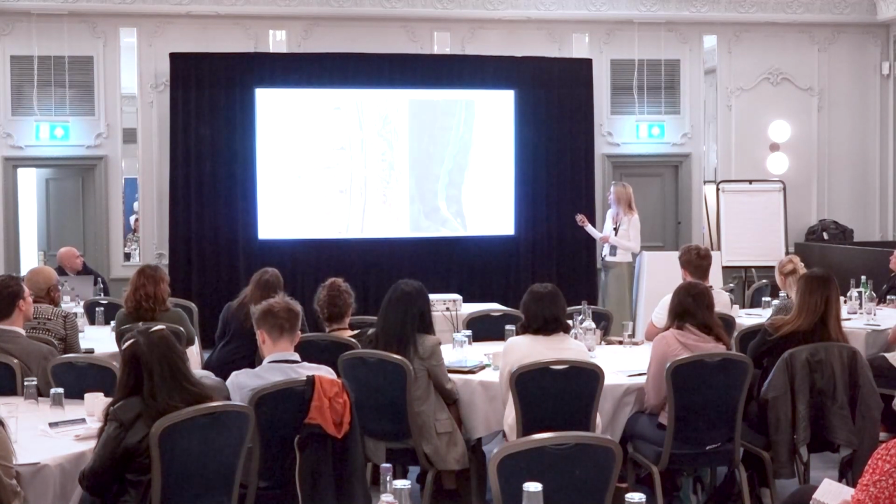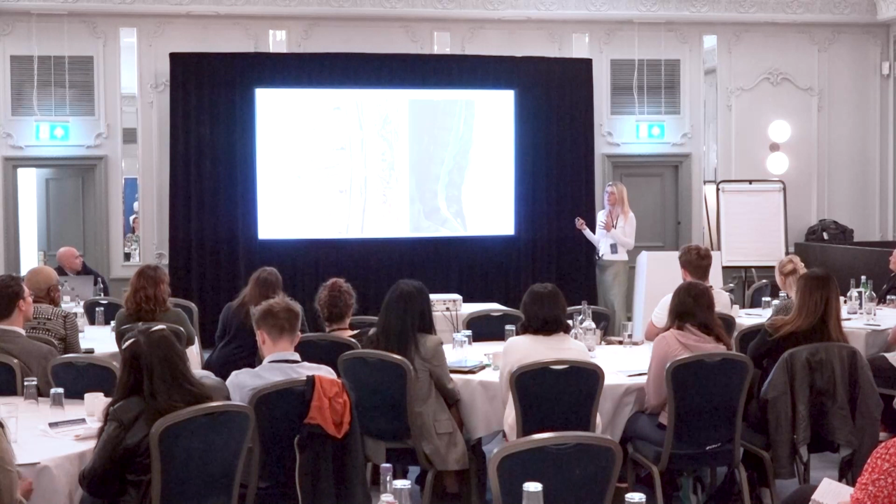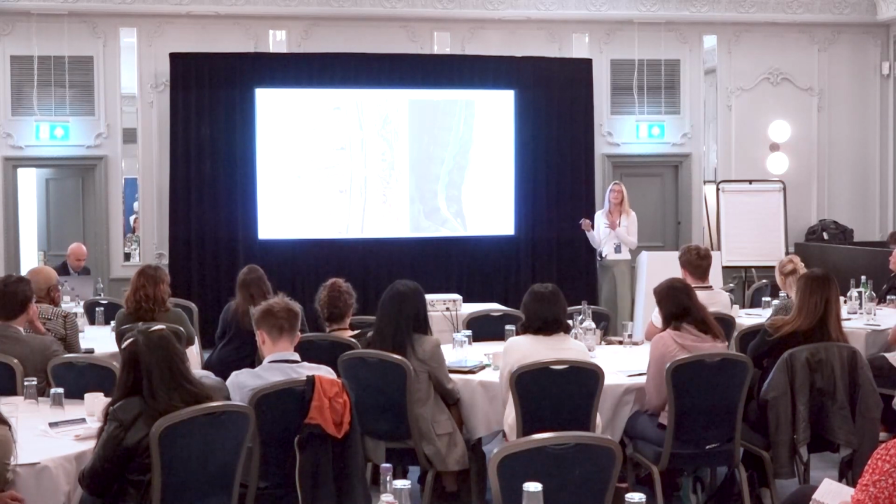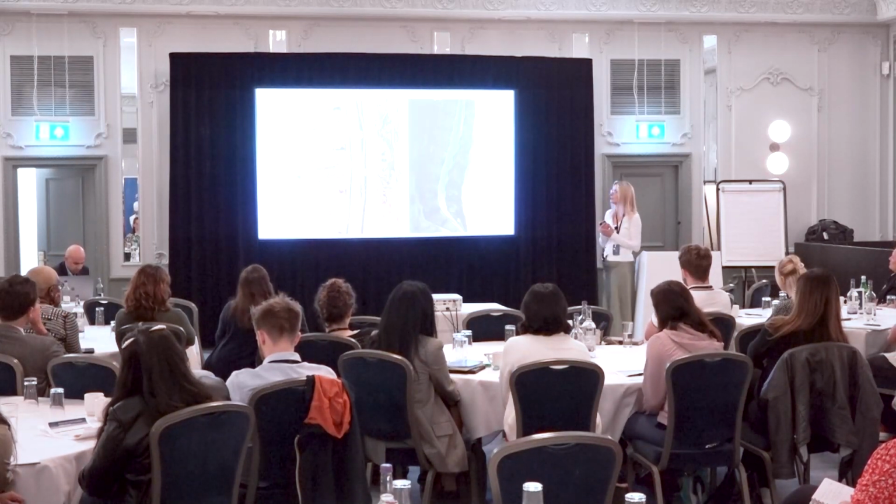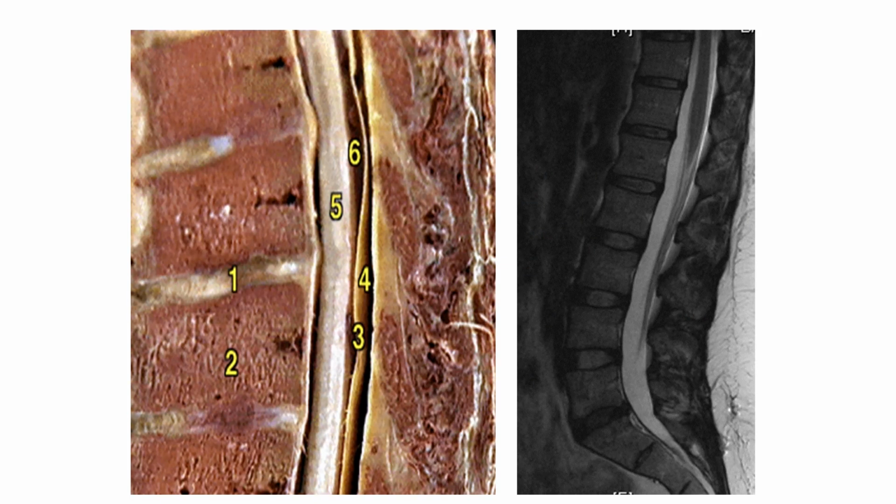Just to show you that the MRIs and CTs rather elegantly show the anatomy. If you look here at your main anatomical specimen, you'll find that the MRI can show you in quite good detail the structures of the spine.